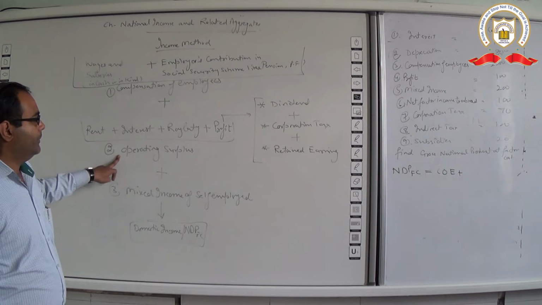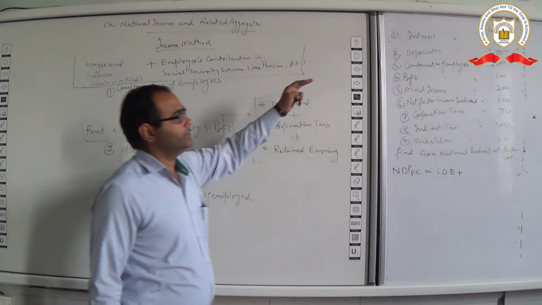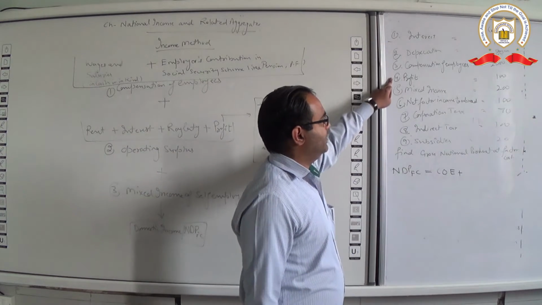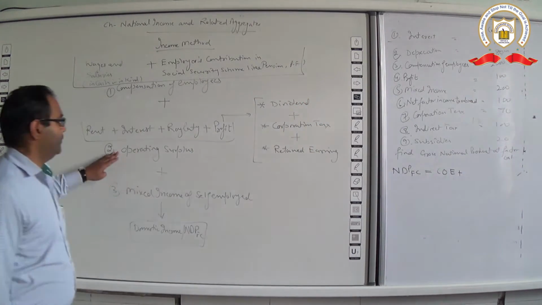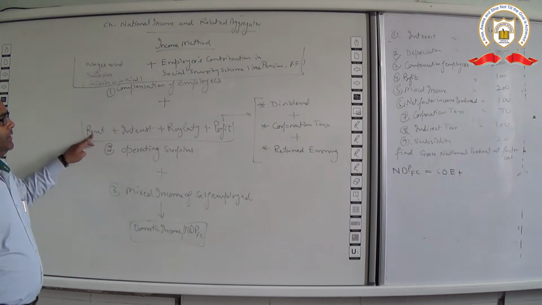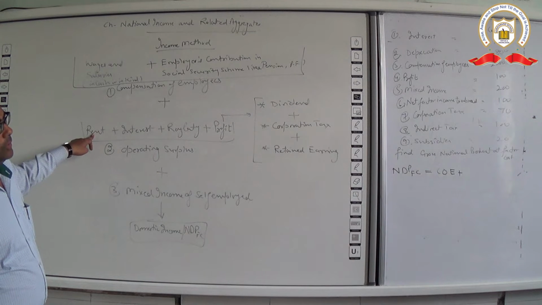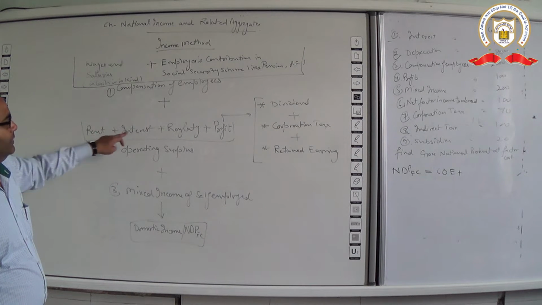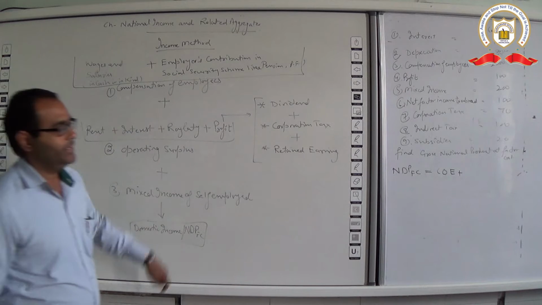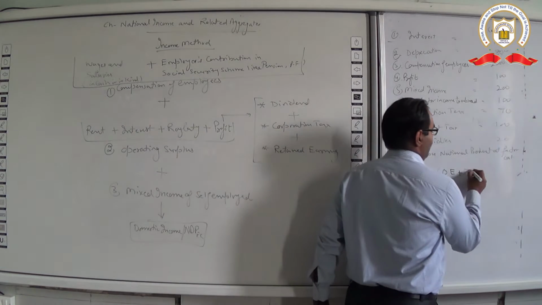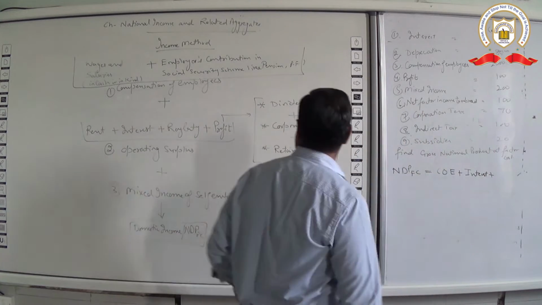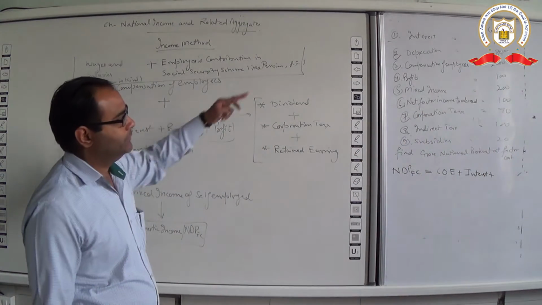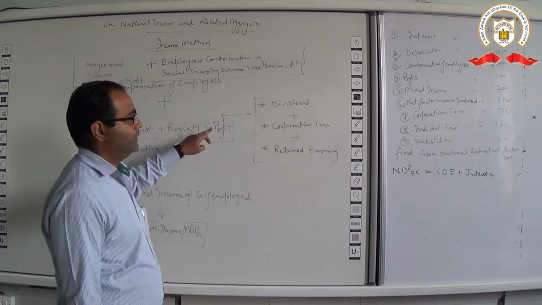Next is operating surplus, the second component. Operating surplus is not given in the question, so we will see the subcomponents of operating surplus. Rent, no, it is not given in the question. Interest, yes, it is given, so we will write interest. Then royalty, no, it is not given.